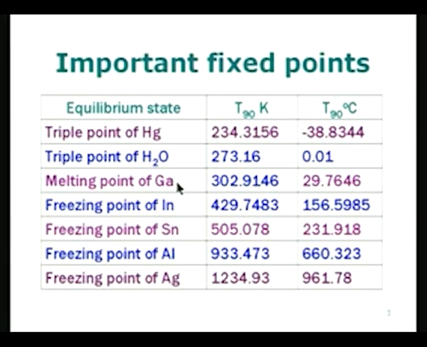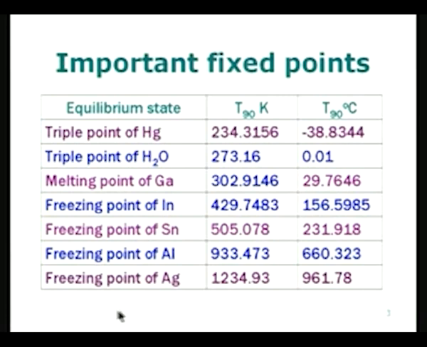Then we have the melting point of gallium, which is about 29.7646 degrees Celsius, which is very close to normal room temperature. Indium, the freezing point of indium, about 156.559. Then the freezing point of tin, the freezing point of aluminum, and the freezing point of silver, which corresponds to 961.78 degrees Celsius or 1234.93 Kelvin.